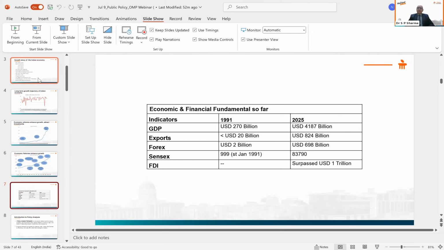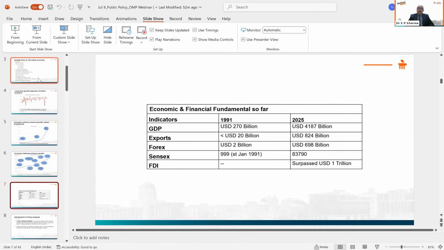Our GDP was $270 billion in 1991, and now we have $4.1 trillion. So a tremendous increase in our GDP from $270 billion in 1991 to more than $4,000 billion in 2025 in 35 years. The tremendous increase we have observed with the back of reforms from time to time.